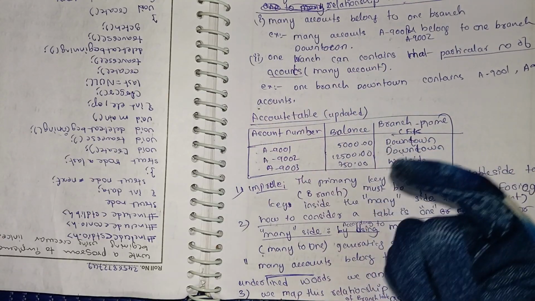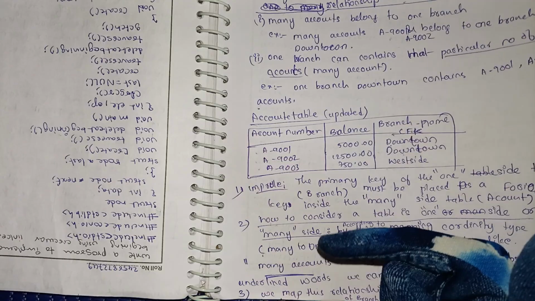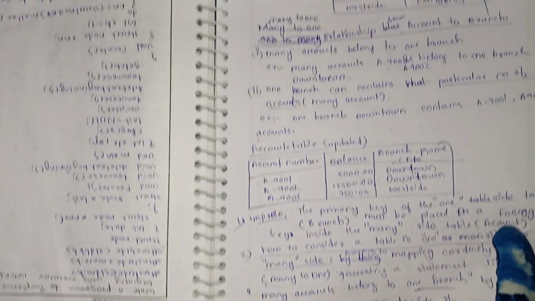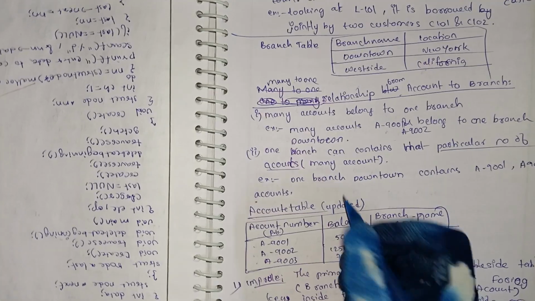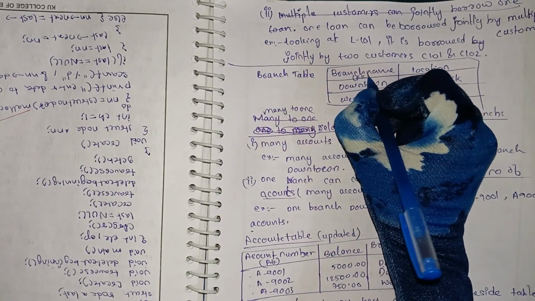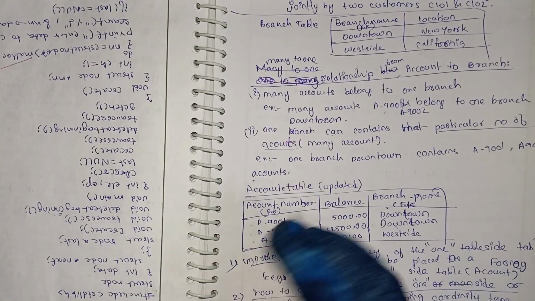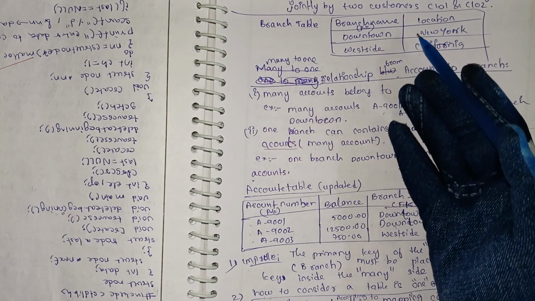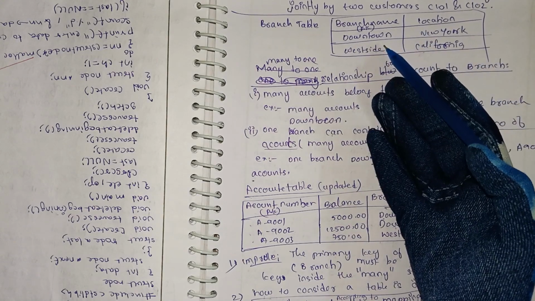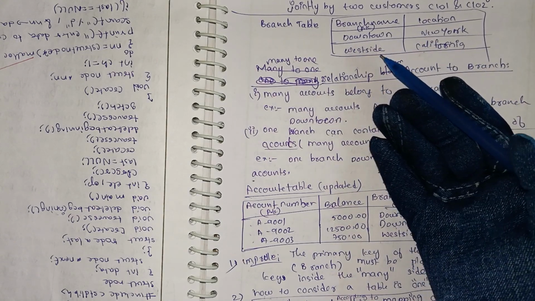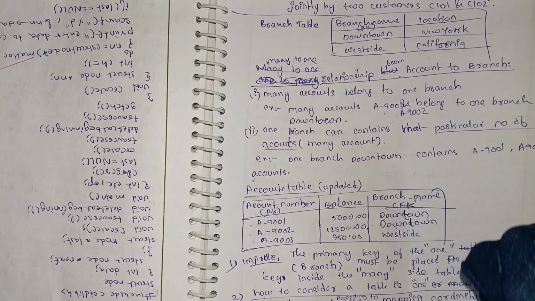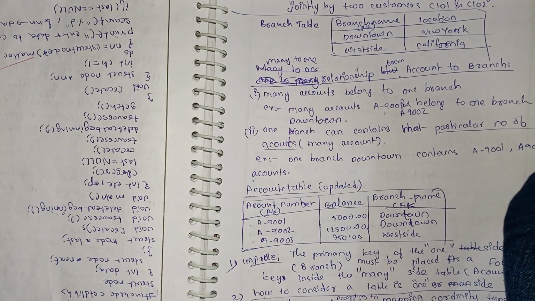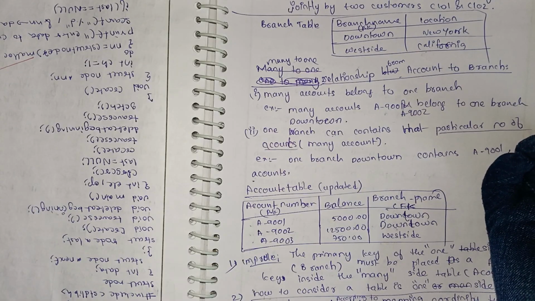For example, we have the branch table and the account table. Account number is a primary key here, and branch name is a primary key here. Which table's primary key do we have to place in the other table as a foreign key, so that we can establish a relationship?